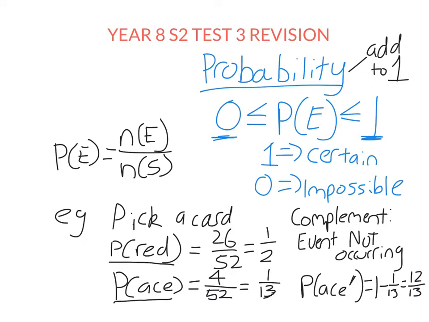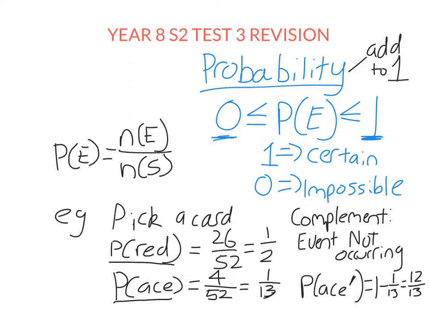If the probability it rains today is 0.2, the probability it doesn't rain is 0.8. If the probability my team wins footy on the weekend is 7 over 10, the probability they don't win is 3 over 10, because they add to 1.